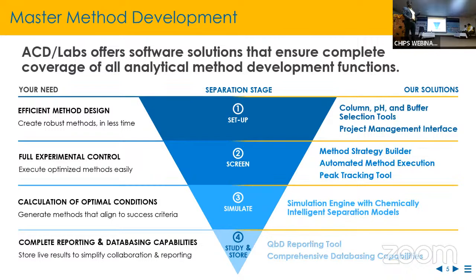It has many QbD based tools to support which is the right column to select, which is the right pH to select, which is the right buffer to select. Similarly, with full experimental control and every stage, good software tools are there which will help you go through the methodology in a systematic, scientific, rational way.